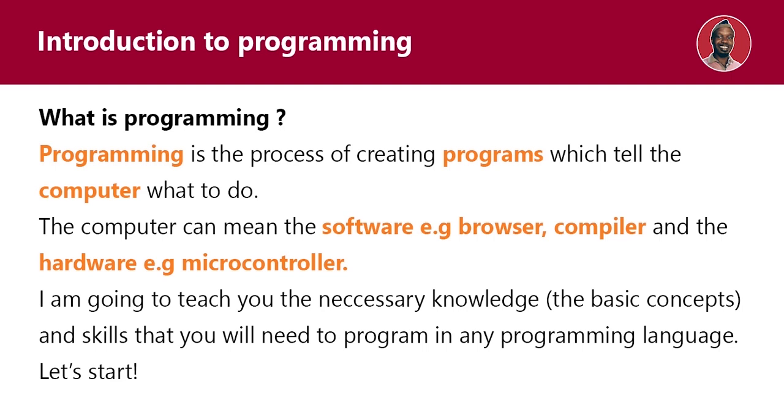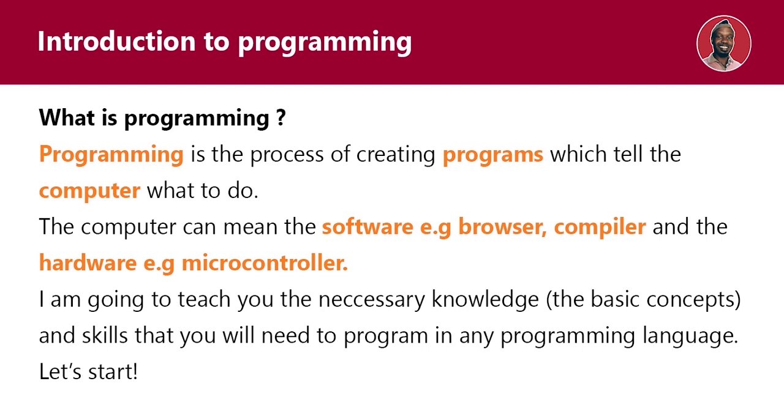What is programming? Programming is the process of creating programs which tell the computer what to do. So, the computer can mean the software, for example, browser, compiler, and the hardware, for example, microcontroller.